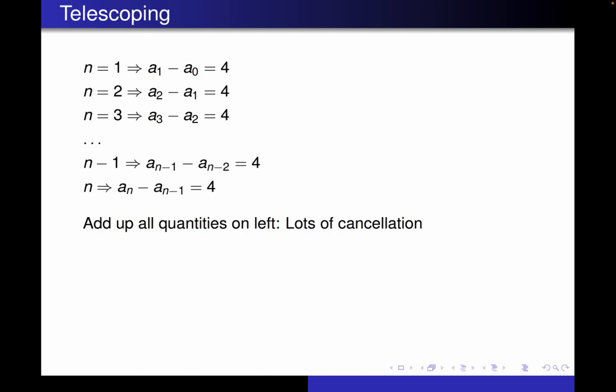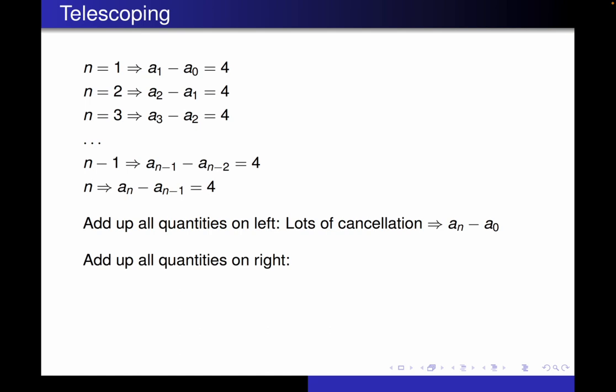So when you add those, the a2s are going to cancel. And that a3 is going to cancel with whatever is in the n minus 4 row. Almost everything is going to cancel, except there are going to be two who escape. The minus a0 at the beginning never gets canceled by anybody, and the an at the very end doesn't get canceled either. But everything else gets canceled, so we end up with an minus a0.